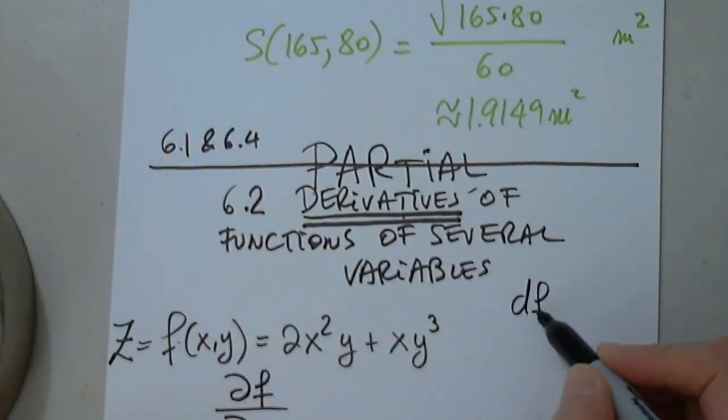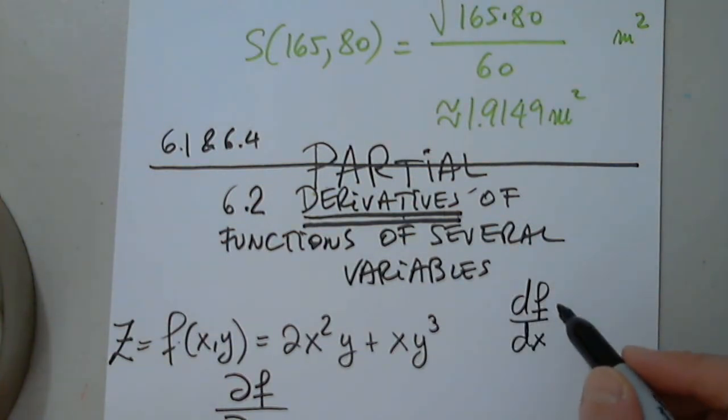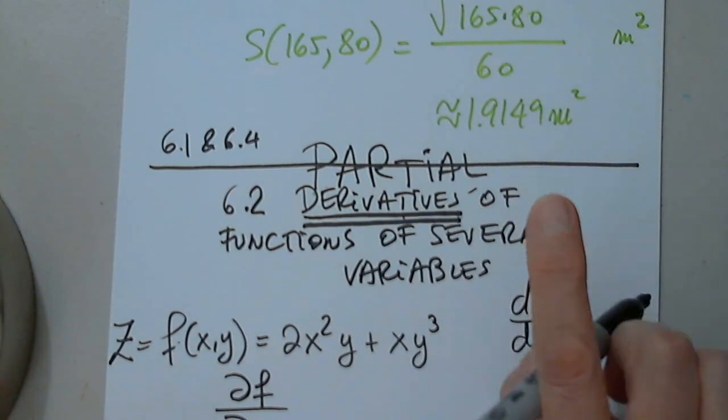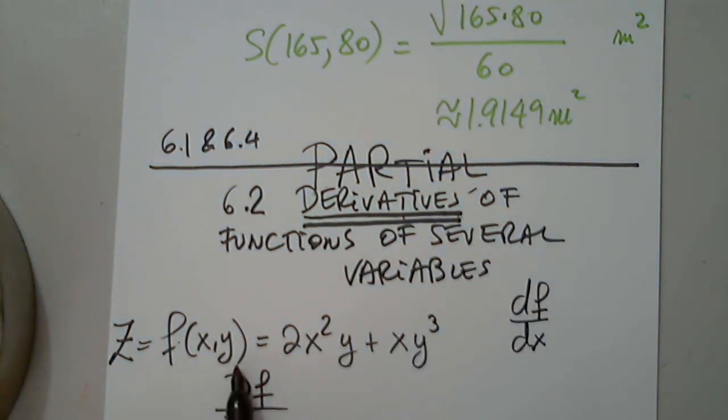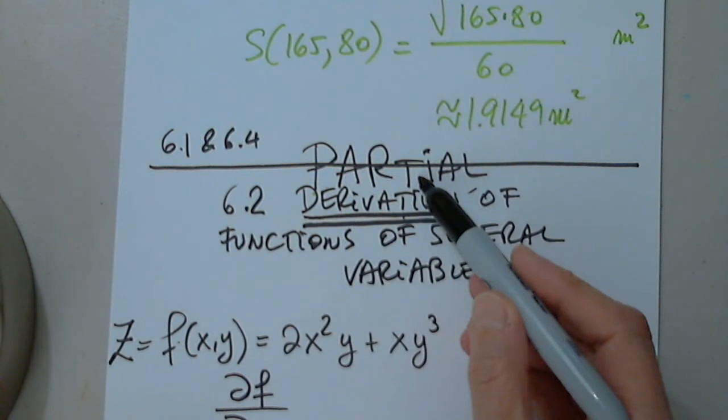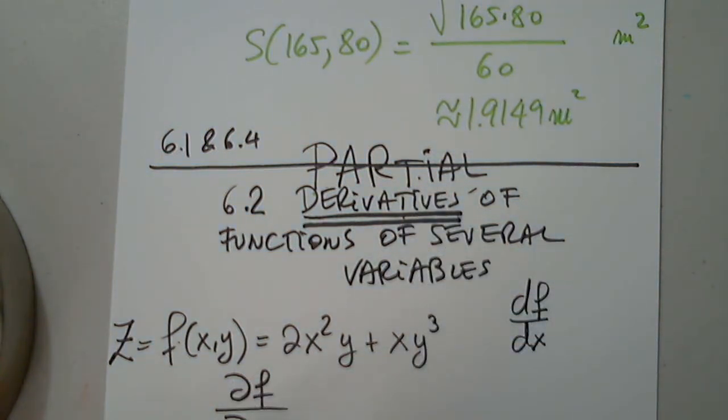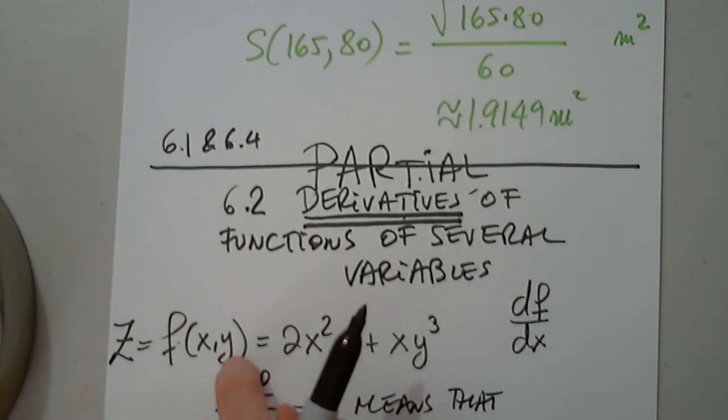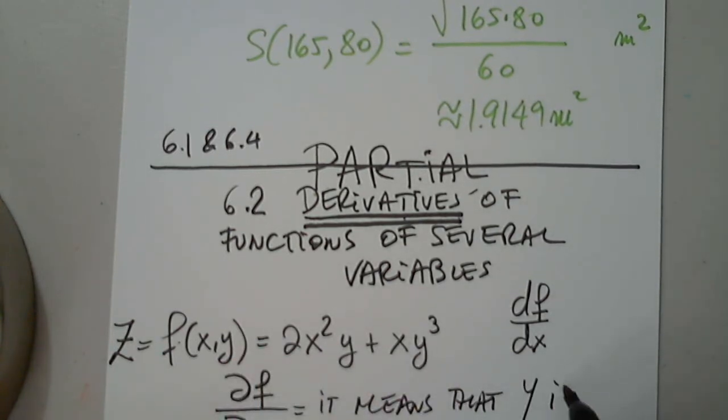It's not the straight df over dx. No, this is for functions of one variable. For functions of multiple variables, the notation for partial derivatives is this curly d, not this d. Okay? So partial derivative of f with respect to x. What does this mean? It means that the other variable, y, is considered fixed or a constant.